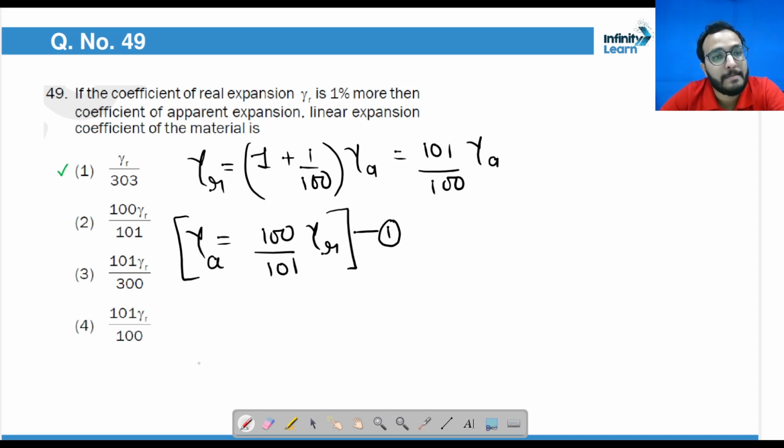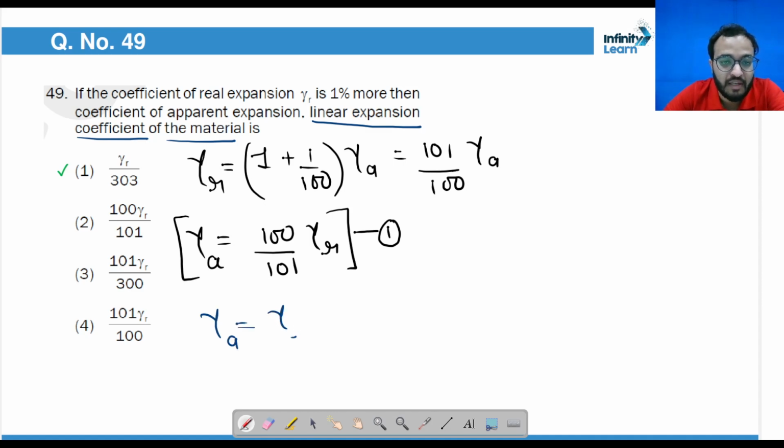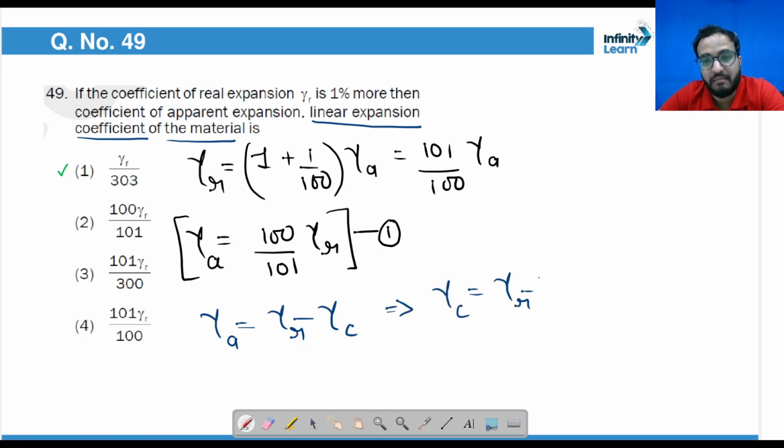If the coefficient of real expansion is 1% more than the coefficient of apparent expansion, then the linear expansion coefficient of the material of the container is C. Gamma apparent is always gamma real minus gamma of the container, right? So gamma of the container is gamma real minus gamma apparent.